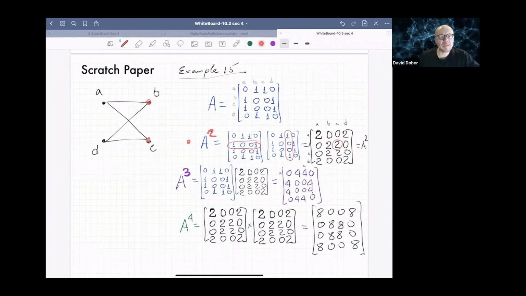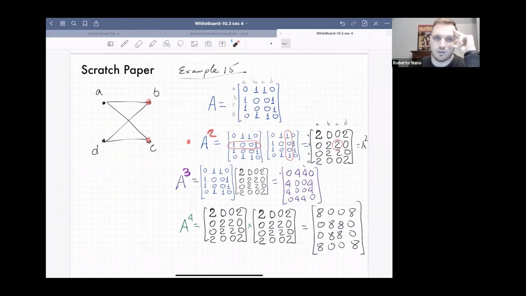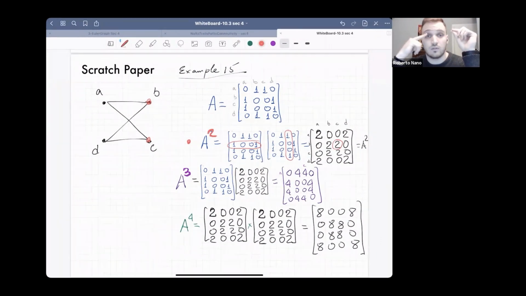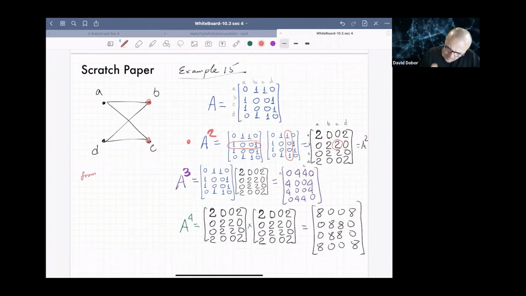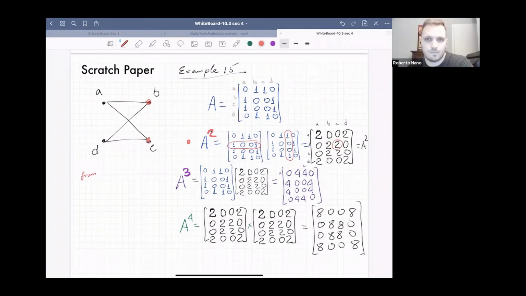How did I multiply it? What was I doing when I multiplied this one by this one? We're finding the neighbors, like what is the common neighbor that they have? Okay, yes. I want everybody to be clear with this.